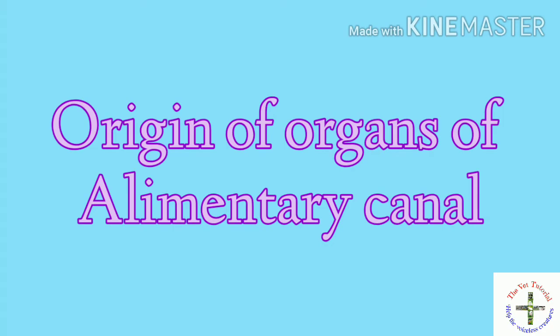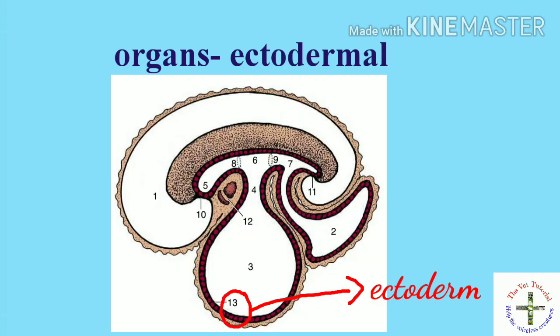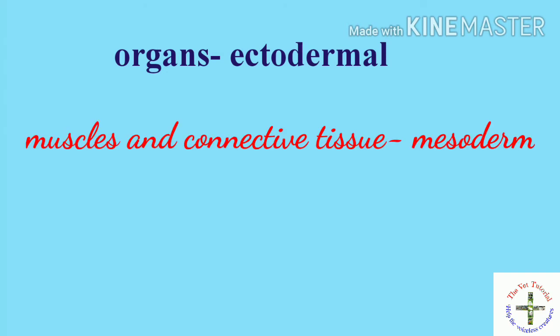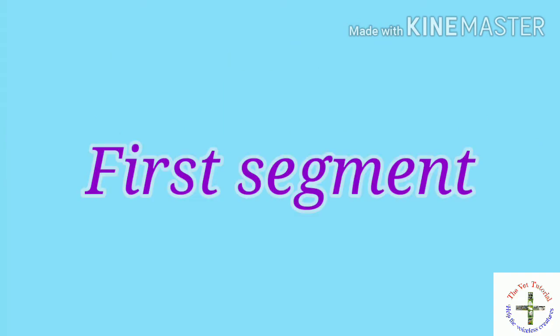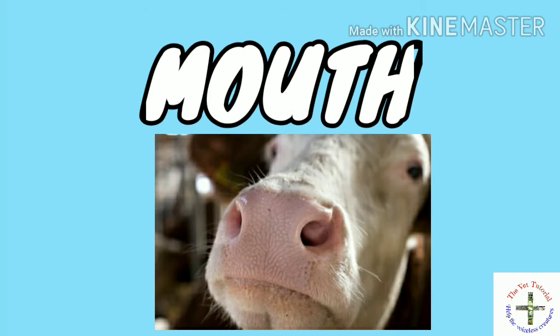Then let's study briefly the origin of the organs of the alimentary canal. The organs are primarily formed from endoderm, the germ layer that lines the yolk sac. Although the muscle and connective tissue that support the organs are mesodermal in origin. Then let's start with the first segment of the alimentary canal, that is the mouth.